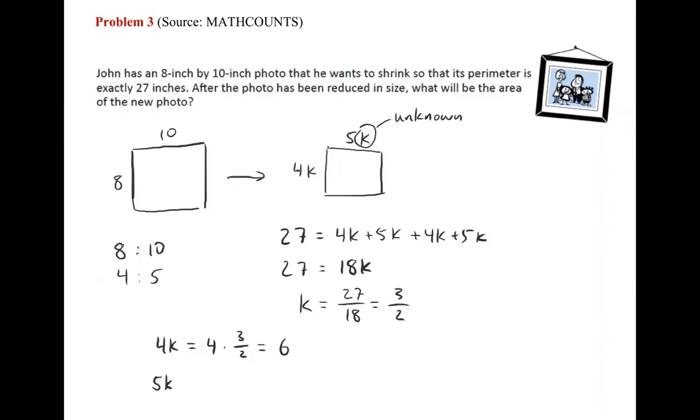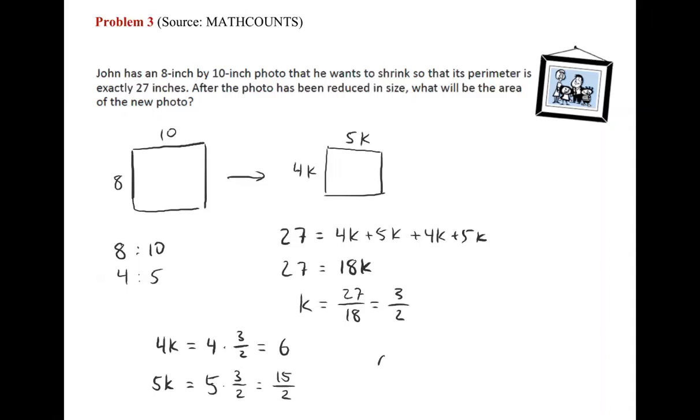And we do the same thing for the length. So 5 times 3 over 2 is 15 over 2. And now, basically, we have the dimensions of the reduced photo.